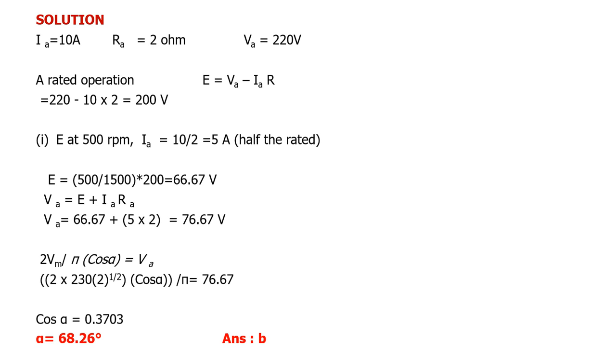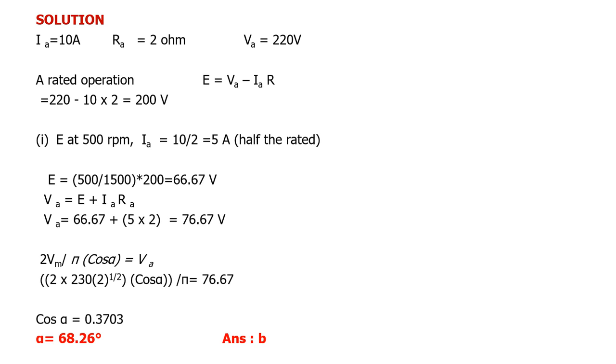Now for this given speed, what is your E value? For rated operation, you calculated E as 200 volt. For 500 RPM, E is 500 by 1500 into 200, which is equal to 66.67 volt.